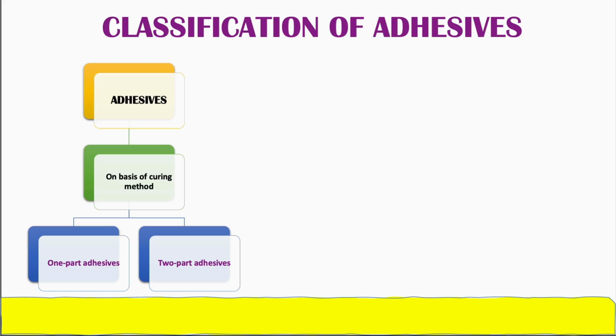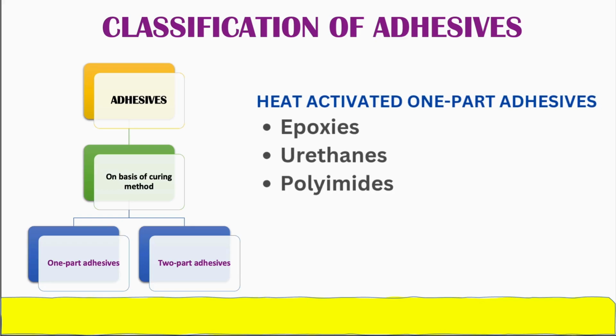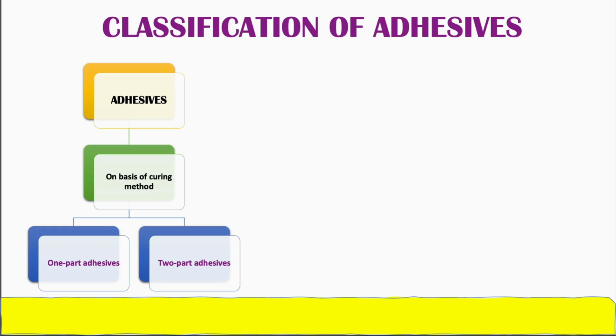Examples of heat activated one part adhesives are epoxies, urethanes, and polyimides. Another type of one part adhesive is the moisture activated curing adhesive. Remember, this classification is on the basis of curing method.